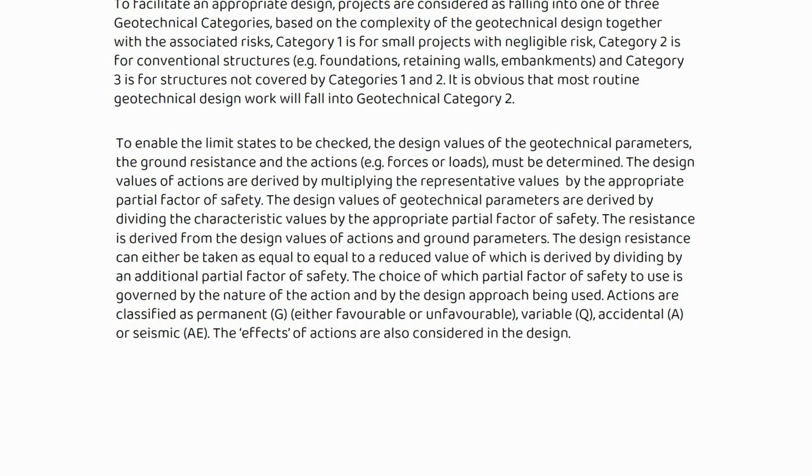The design values of actions are derived by multiplying the representative values by the appropriate partial factor of safety. The design values of geotechnical parameters are derived by dividing the characteristic value by the appropriate partial factor of safety.